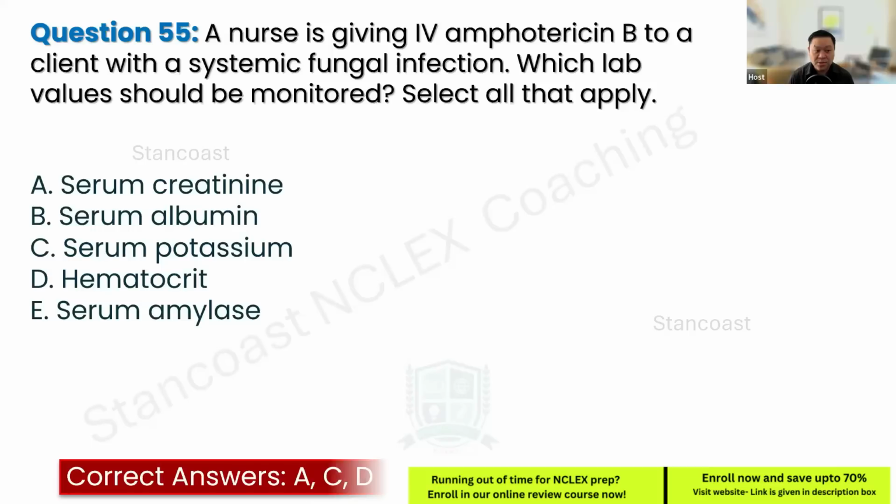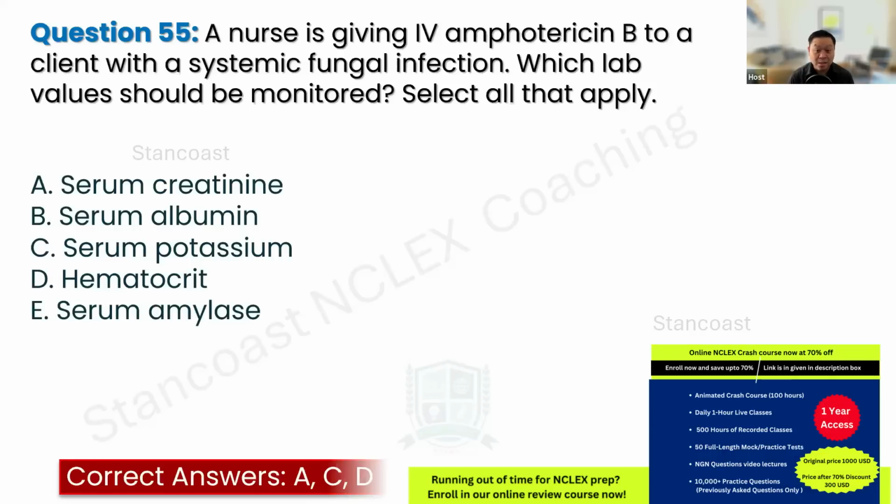Now, letter C is also something that you need to monitor because amphotericin B primarily targets the fungal cell walls, but it can also attach to the cholesterol in human cells. When it binds to the kidney cells, it creates pores that will allow potassium to leak out, which can result in hypokalemia.